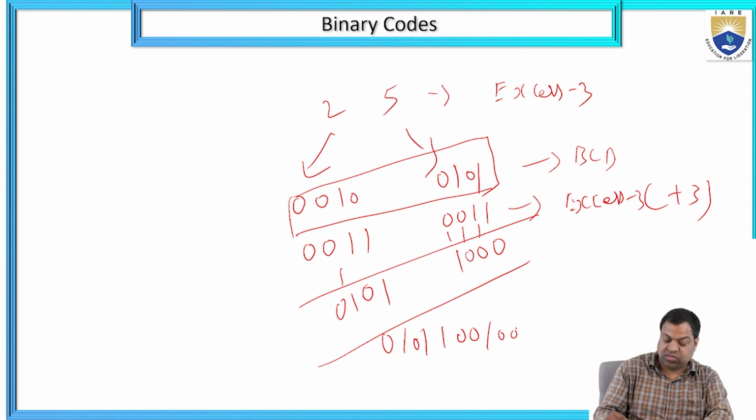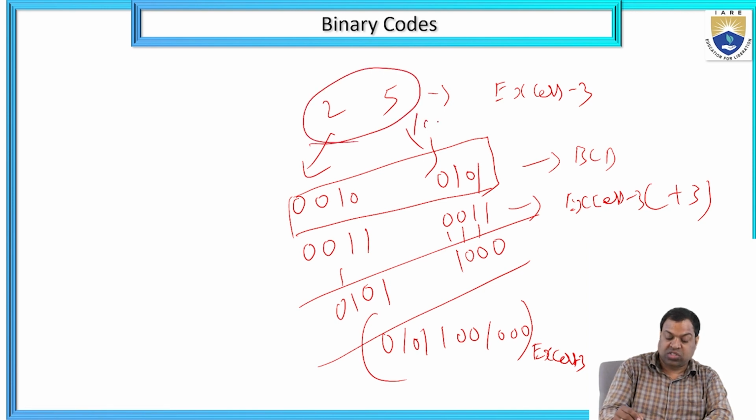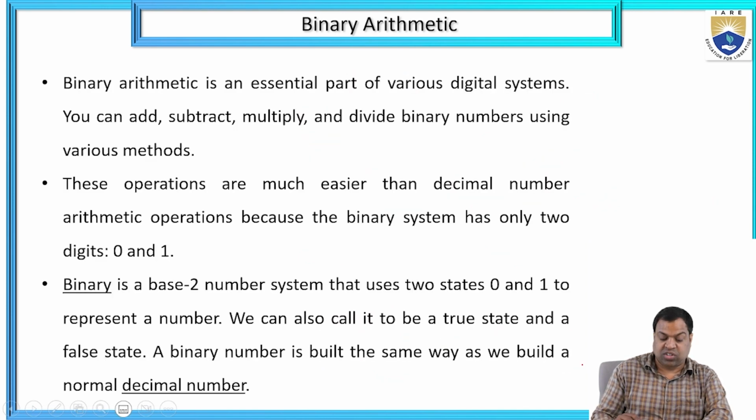So like this, it is the excess 3 code. So this 25 base 10 we converted to XS3 code.